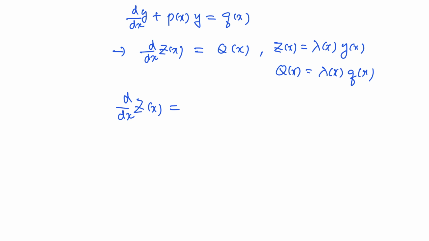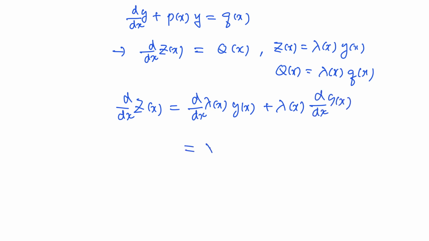We have d lambda/dx times y plus lambda times dy/dx is equal to lambda q(x), right? So we divide lambda(x) on both sides.